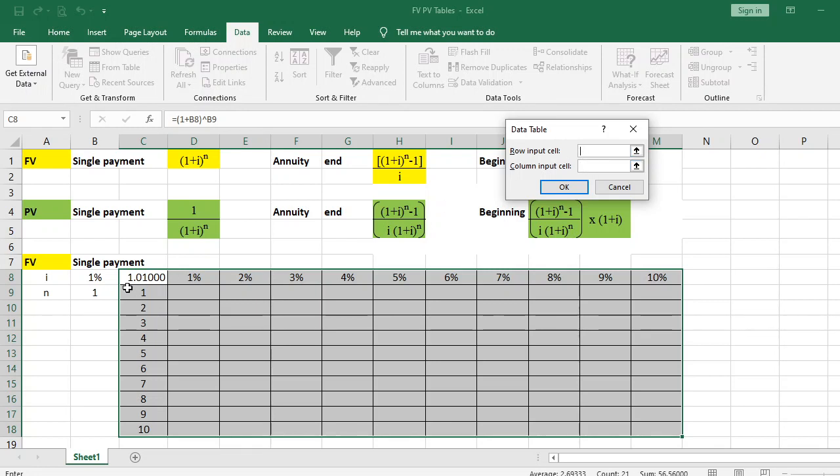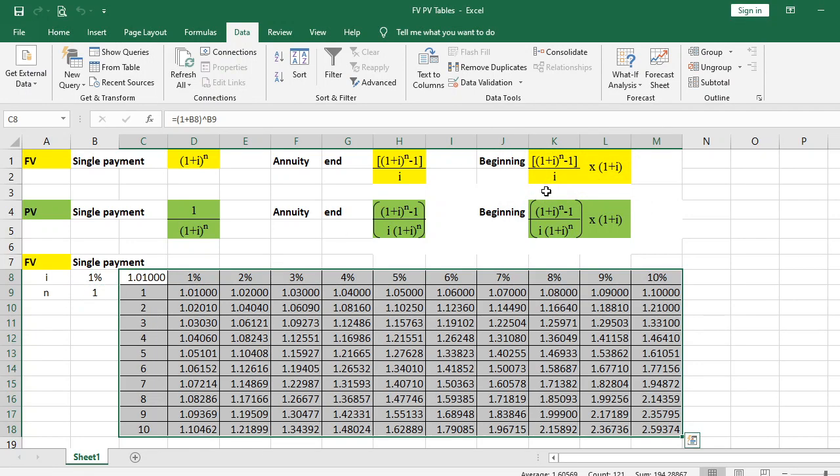In rows we have given number of years, therefore the input cell is the number of years; in column we have filled the rates of interest, therefore the input is the rates of interest. I choose these. The table will be generated now. So we have got the future value single payment table.